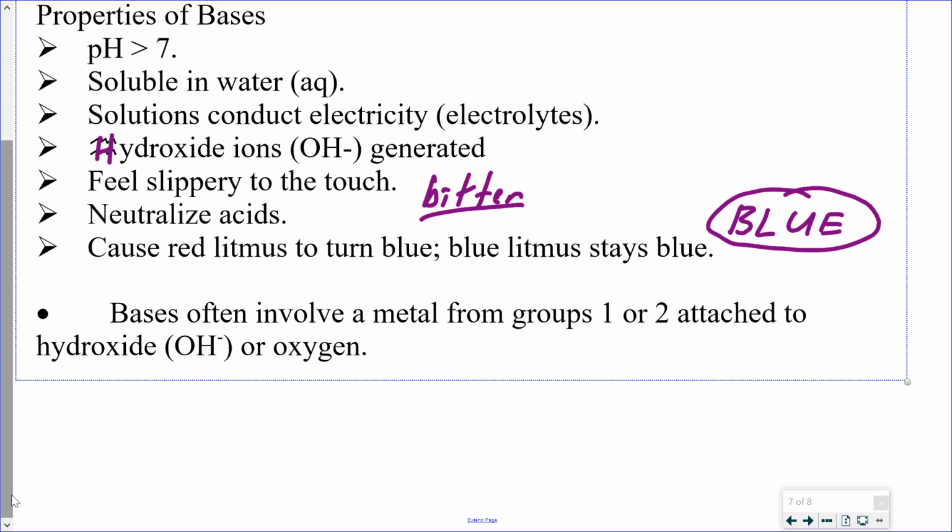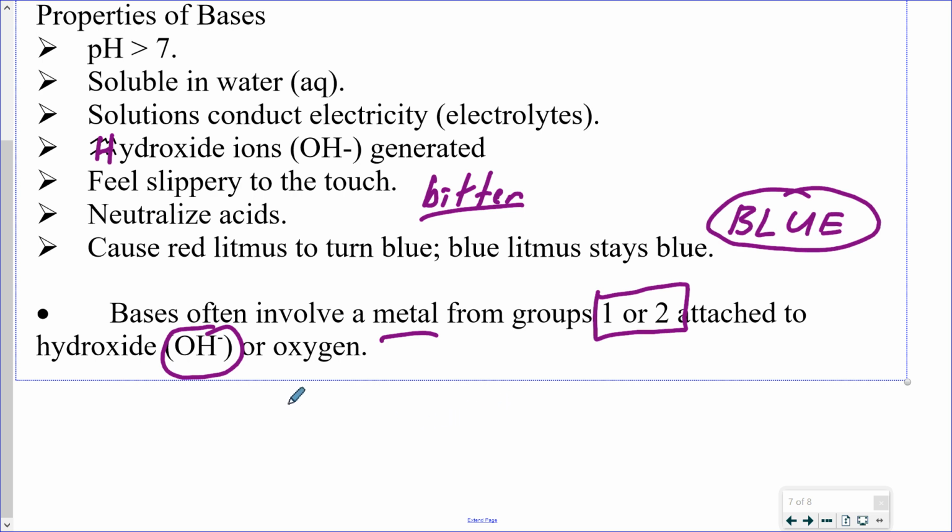It's easiest to think of these as having a metal. Typically, metals from group 1 or 2, so all of those, lithium, sodium, potassium in group 1, beryllium, magnesium, calcium in group 2, combining with OH, that's going to be a base.